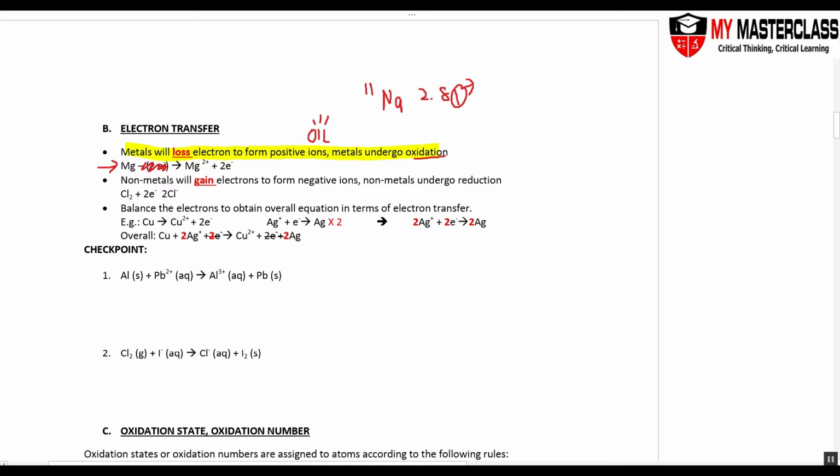How do you write this? You just write the charge. Magnesium naturally forms Mg2+, and if I have a 2+ here, I should put a 2 negative to balance out the 2+ to get something neutral, a neutral metal.